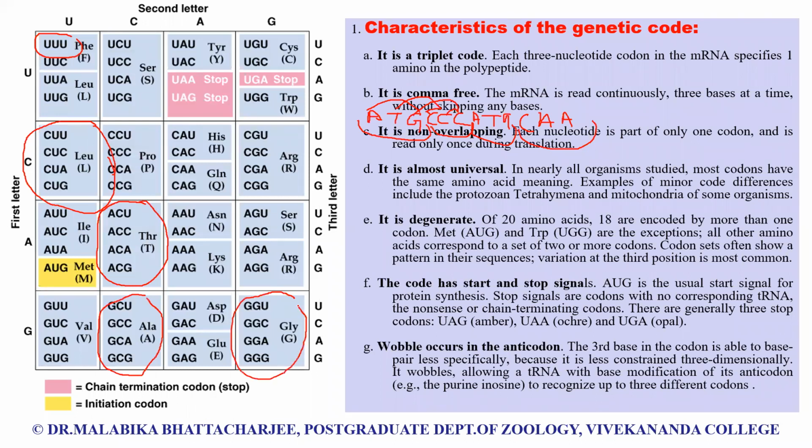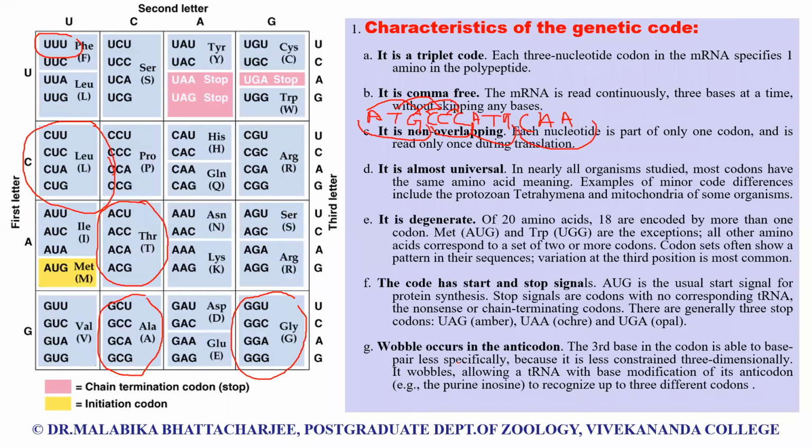So each amino acid at times does not have a unique codon. It can be coded by more than one codon. This is the property of the degeneracy of the code. The amino acids do not always have unique codons; they are often coded by more than one codon.